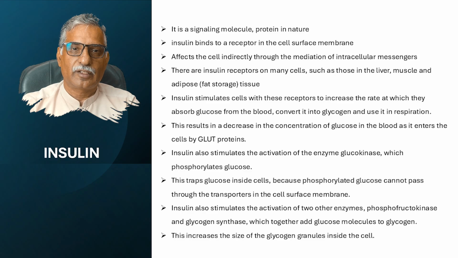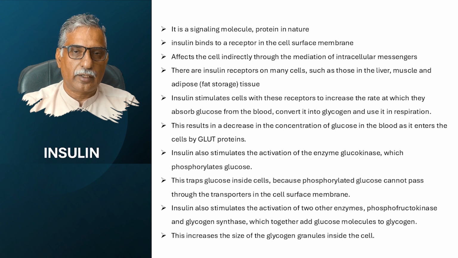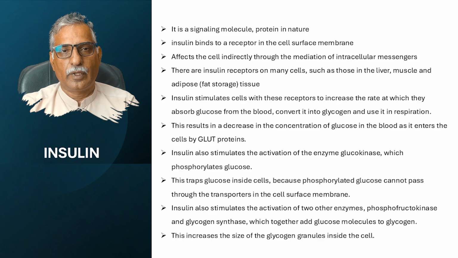Insulin binds with its specific receptors on the liver cell surface membrane and on the muscle cell surface membrane. Due to the influence of insulin, increased uptake of glucose starts in these cells, and metabolism of glucose at an increased level also initiates.